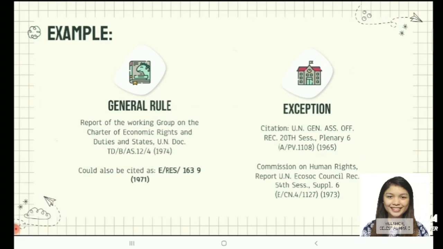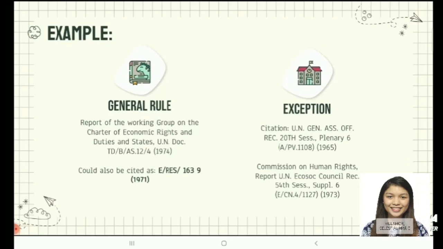Report of the Working Group on the Charter of Economic Rights and Duties of States, UN Doc. TD/B/AC.12/4 (1974), could be cited as E/Res/1639 of 1971.